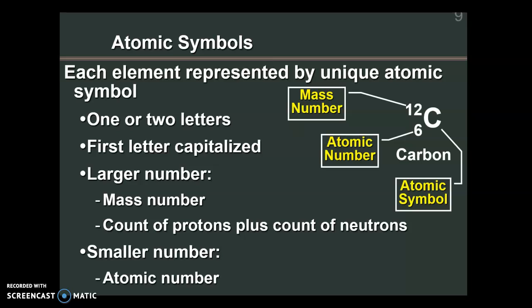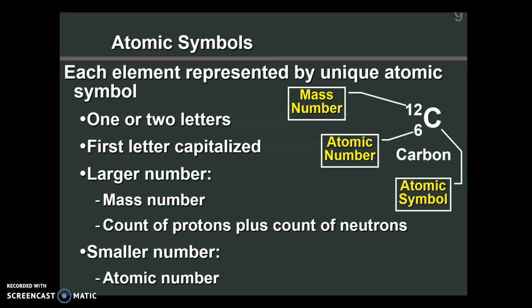Now the mass number can change depending on whether we're looking at a heavier isotope. The isotope is an atom that varies in its number of neutrons. So occasionally we'll find carbon that has more neutrons to it, and the mass number would be 13 or 14. But the atomic number never changes.